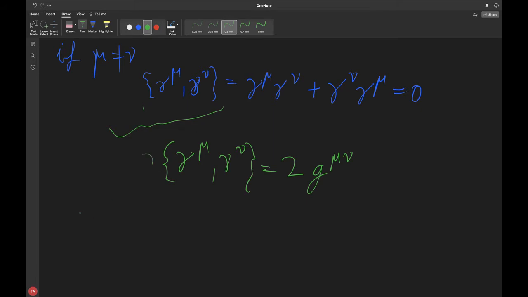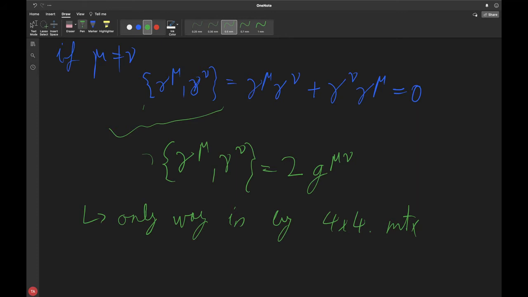But there is no unique way of writing these gamma matrices. There are different ways of doing it, and we call these different representations.